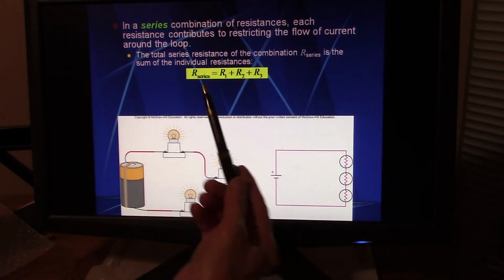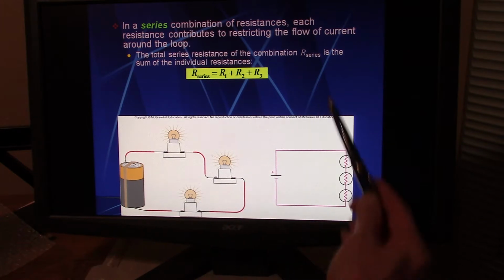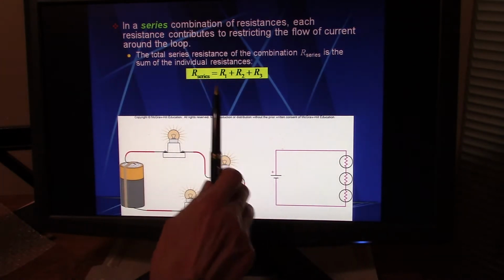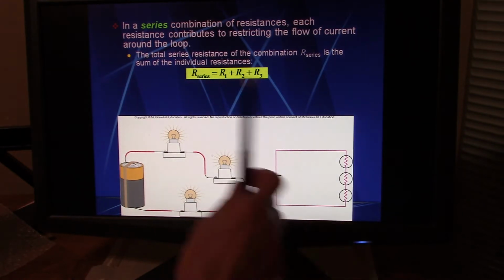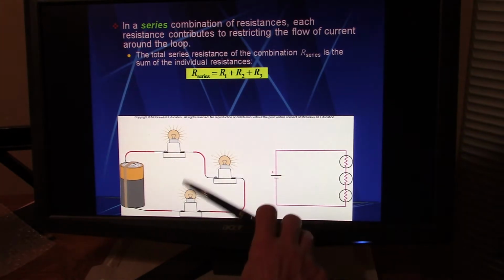So to figure out the resistance, remember in ohms, you would add these. If you say, what is the total resistance? In the previous picture, there was just 1 resistor. Well, now you would add these. It would be R1 plus R2 plus R3.